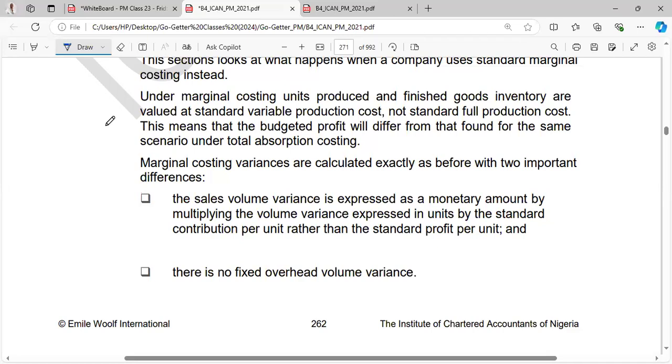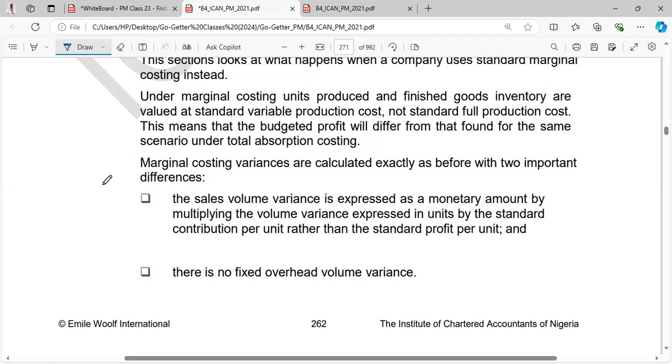We're going to be using only variable production costs and not standard full production cost. So that 10,200 we got will not be our cost of sales. We'll be using marginal cost of sales. That one was total cost of sales. And so this means that our budgeted profit will be different from what we have in total absorption costing.